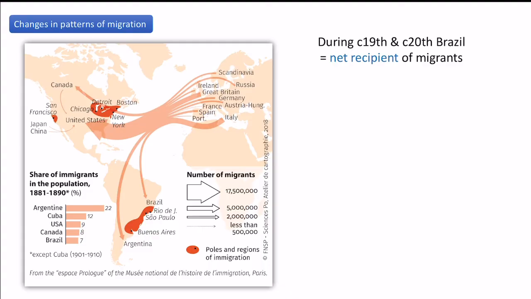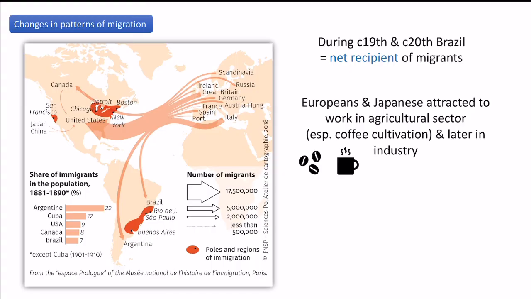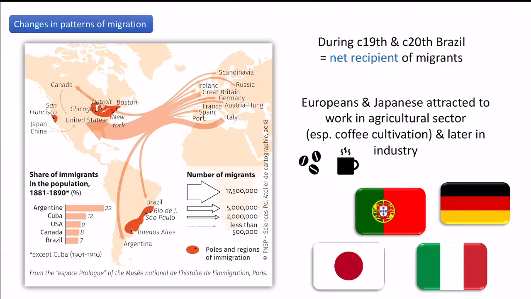And this was because, as we see on this map on the left here, Europeans were looking for economic opportunities, and they found that they were attracted to Brazil because they could get involved in the agricultural sector, setting up and running coffee cultivation plants, and the people from Europe and Japan came to Brazil for those opportunities. Some of them later on ended up working in the growing industry in Brazil. In terms of the actual countries they came from, obviously we mentioned Japan, but Portugal, Italy and Germany were the really key countries where lots of those migrants came from.